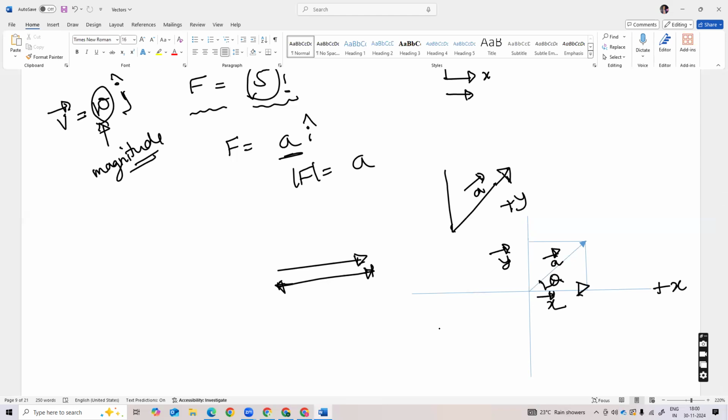As you have studied from the properties of vectors, you can move this y vector to here, and from the Pythagoras theorem you can find the magnitude of A, since it is the hypotenuse of this triangle formed by vector x, vector y, and vector A. So the magnitude of vector A is the square root of x square plus y square.